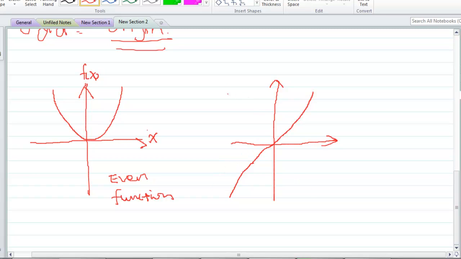It's symmetrical with the origin, right? For example, we have this point here. We draw x, it goes into y, so for positive x we have positive y. Basically we have a negative x here and a negative y here, and it's the same value, just opposite. So this one is odd.